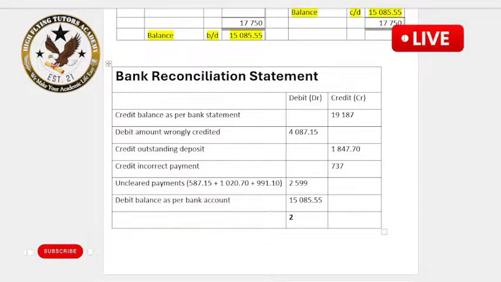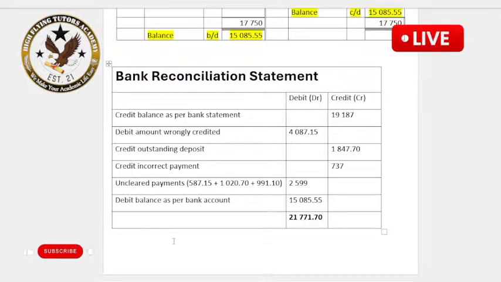So how much are they equal? 21,771.70. Yeah, even on the credit side it is the same.